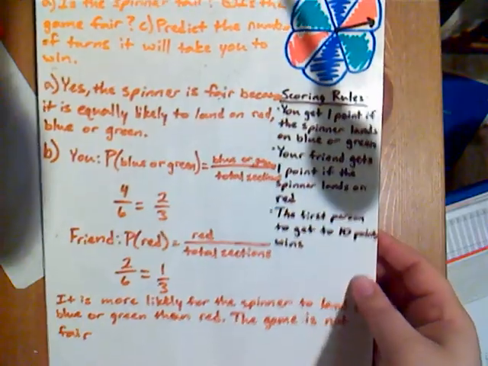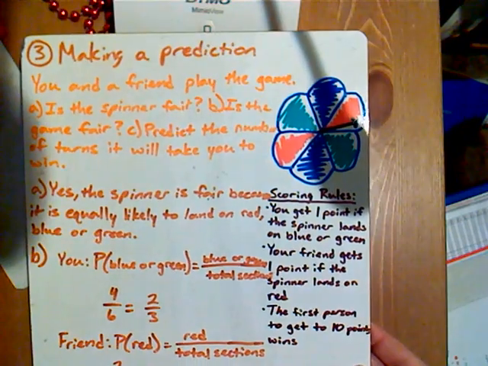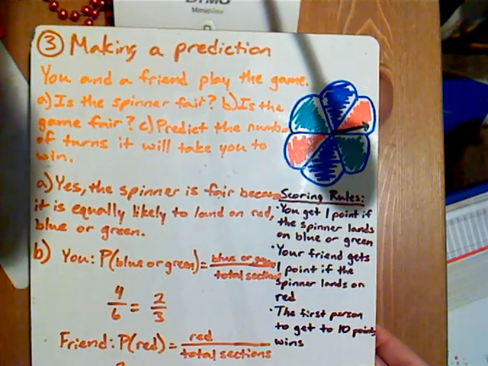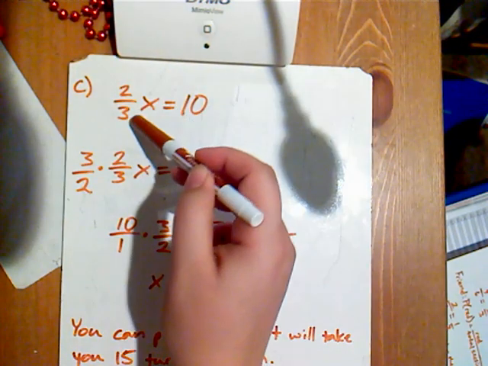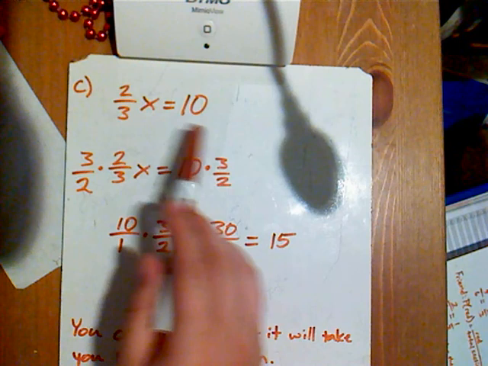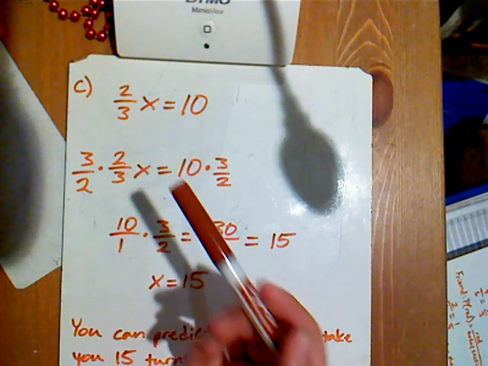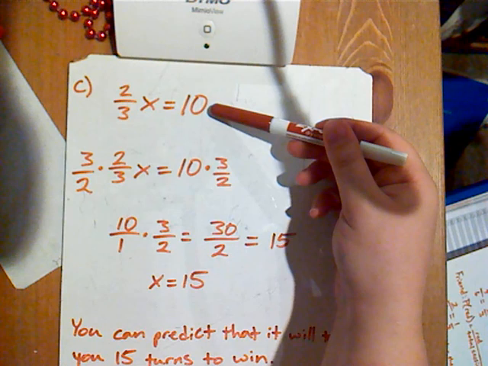And then we're going to look at letter C. Letter C wants us to predict the number of turns it will take you to win the game. So for C, we're going to take that 2 to 3 ratio, and we want to figure out how many times it will take you to get to 10 points, because that's your total to win.